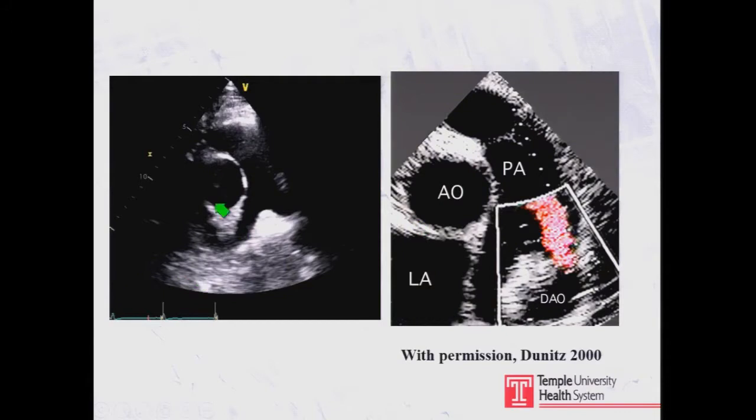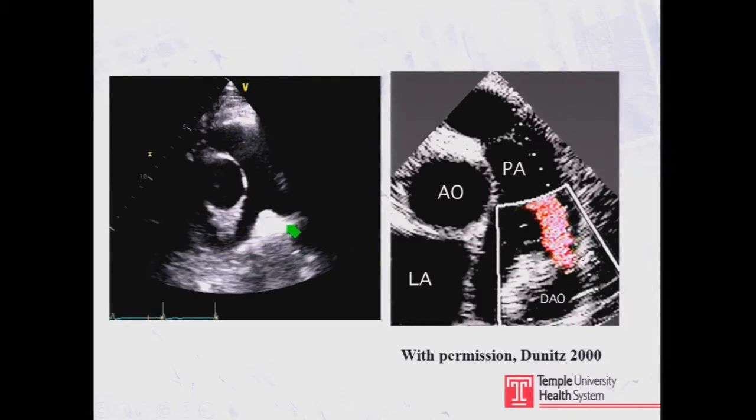Now, I want to point this out for several reasons. Number one, again, pulmonary artery, right pulmonary artery, left pulmonary artery. The pulmonary branches are not in exactly the same plane, and so you may not image them. Sometimes you can't see them.